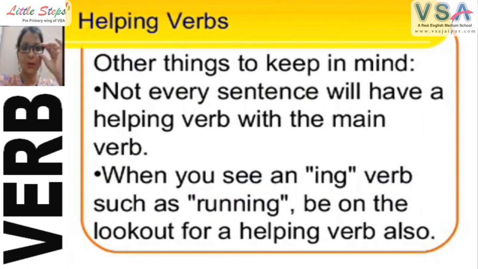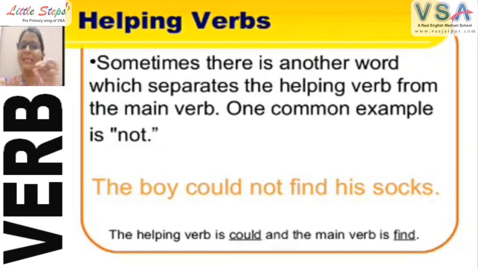Now helping verb. Other things to keep in mind are not every sentence will have a helping verb with the main verb. ये जरूरी नहीं होता कि सारे ही sentences के अंदर helping verb होगा main verb के साथ में. Okay? Whenever we see an ing form, we use a helping verb, right? Or whenever a sentence is negative or interrogative, we definitely use a helping verb, right?